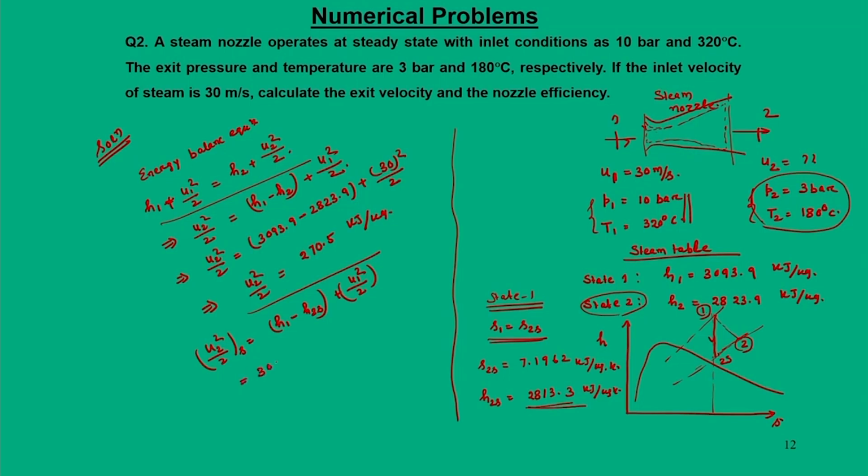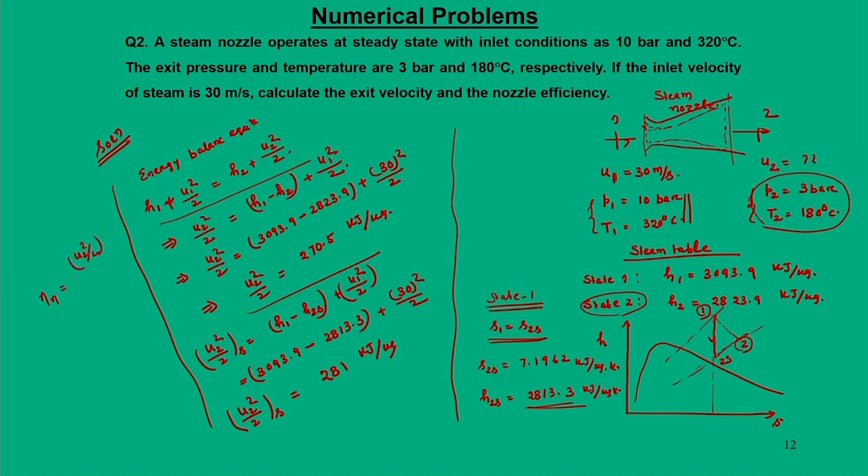So 3093.9 minus 2813.3 plus 30 square by 2. So U2 square by 2 for isentropic process is 281 kilojoule per kg.